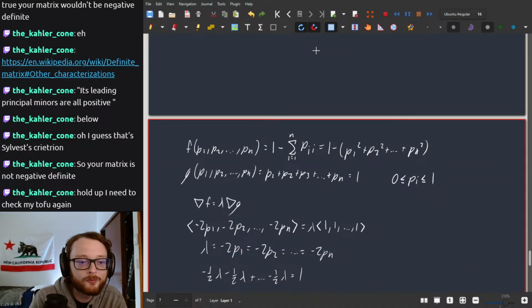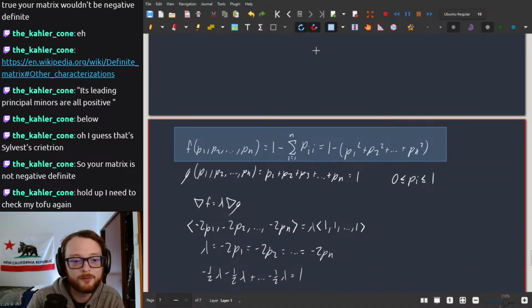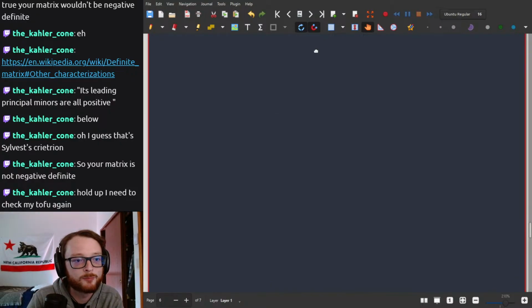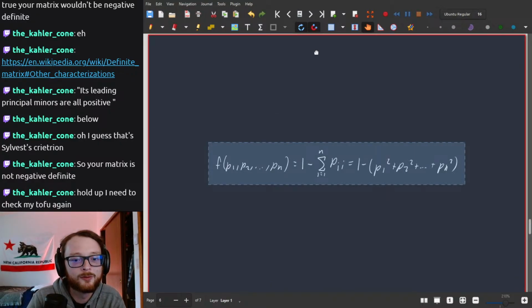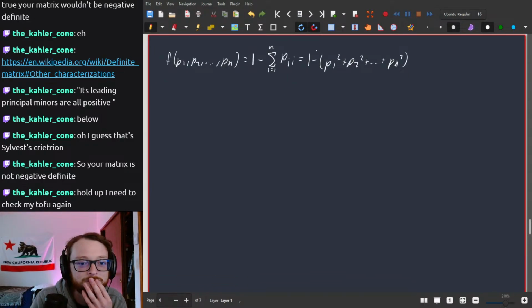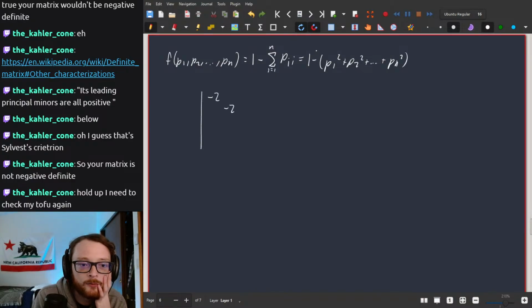What if I use this definition for f instead to construct my Hessian matrix? So the second derivative in P1 is -2. We're gonna have -2's on the diagonal instead.